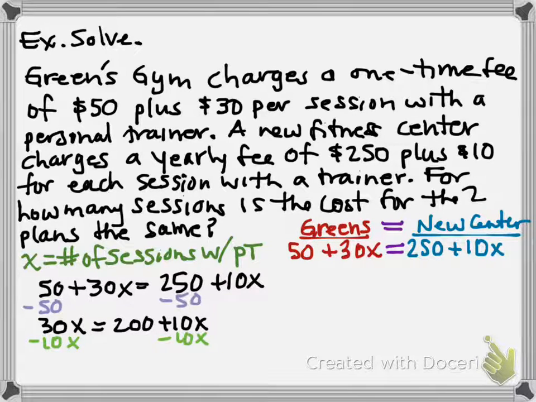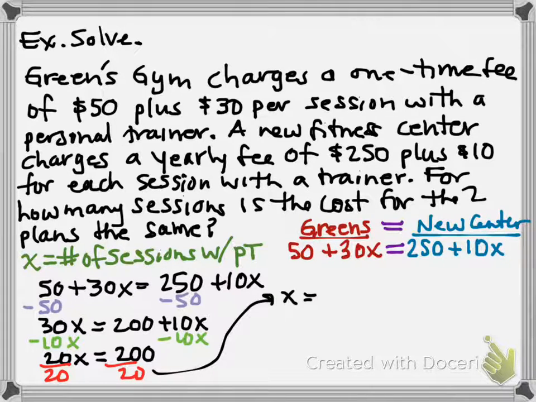So 30x take away 10x is 20x, and that equals 200. The inverse of multiplying by 20 is dividing by 20, so I'm just using my inverse operations. And I get x equals 10, since 20 goes into 200 ten times.